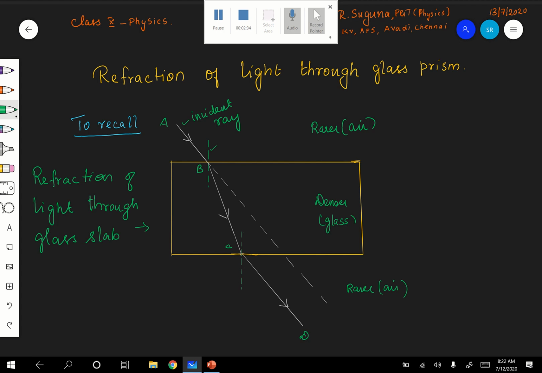Therefore it will be deviated away from the normal. CD is the ray emerging after suffering two refractions. Therefore this is your emergent ray.